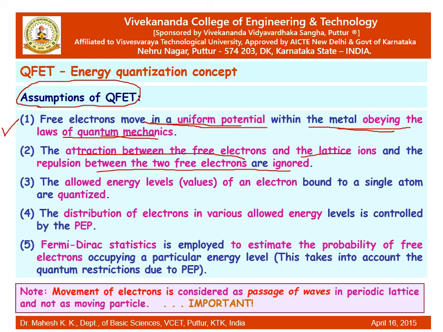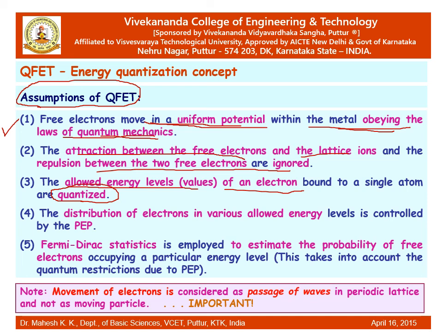You can refer back. The third assumption is that the allowed energy levels of an electron bound to a single atom are quantized. This is an important assumption here. I have explained in the previous slide the allowed energy values and the forbidden ones. So what are allowed?